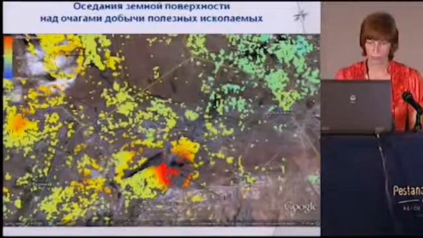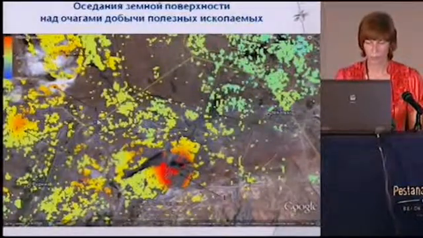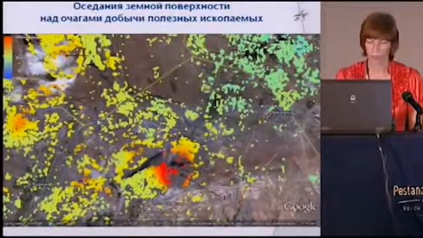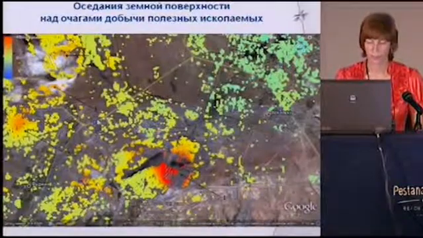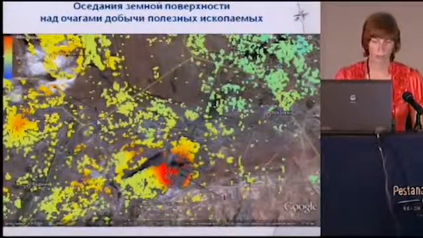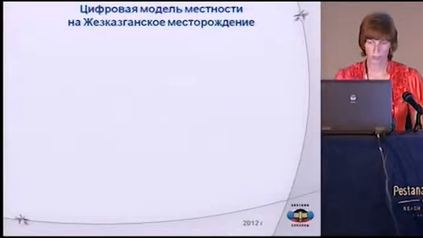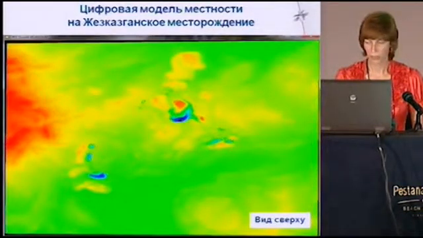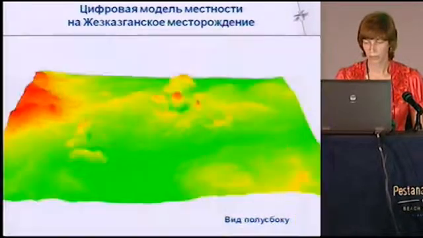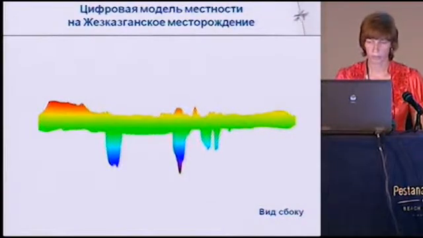We can see hotspots, I mean areas where there is heavy production. They correspond to the biggest shifts in Earth's surface. And the digital terrain model generated on the basis of stereo pair from radar images.